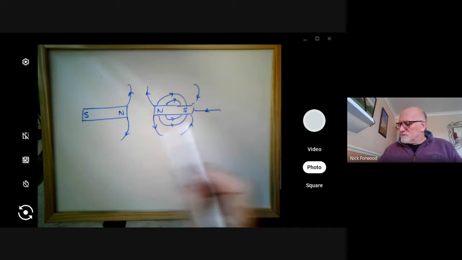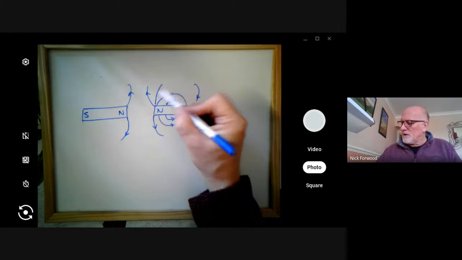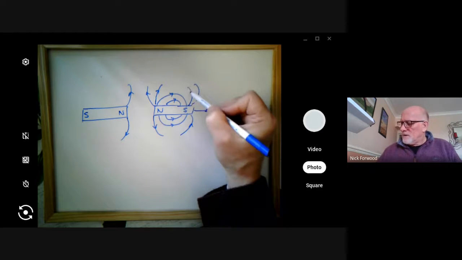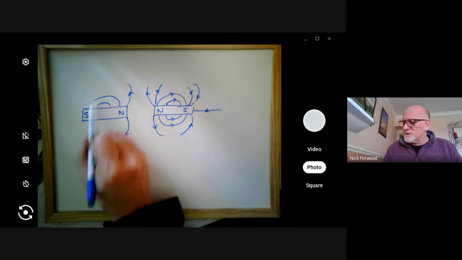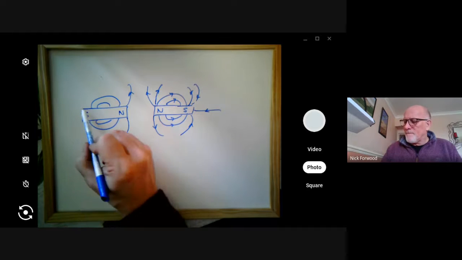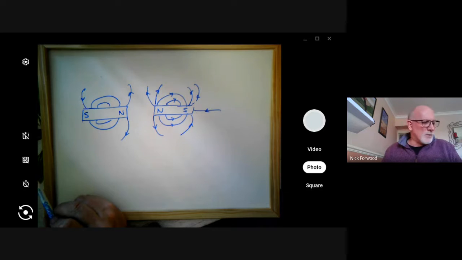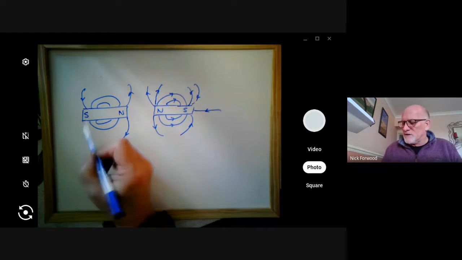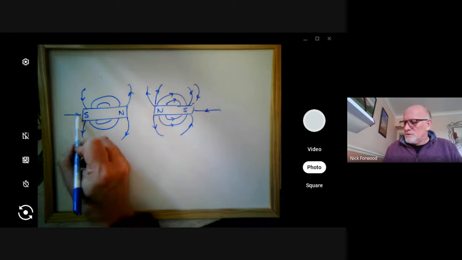But the fields from the two magnets interact with each other. So I'll just do this one. This is pretty quick to do because it's just like the other one. Remember, the arrows go from the north to the south. That's the direction of the field, from the north to the south.